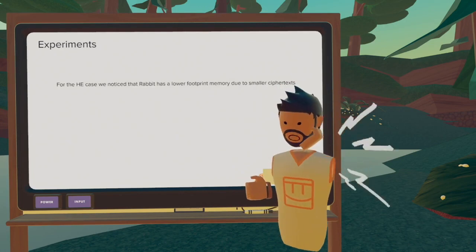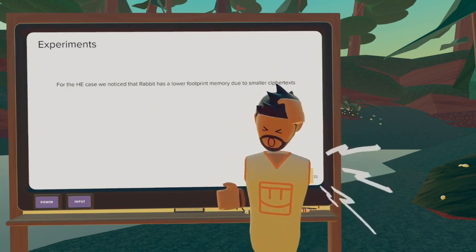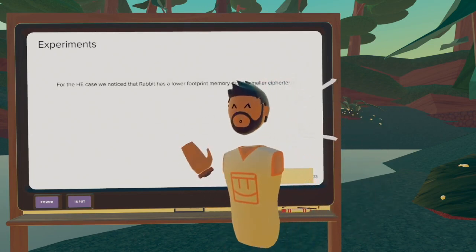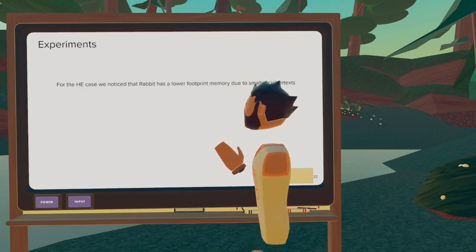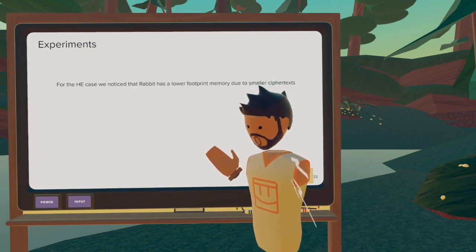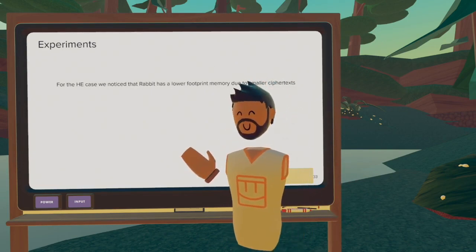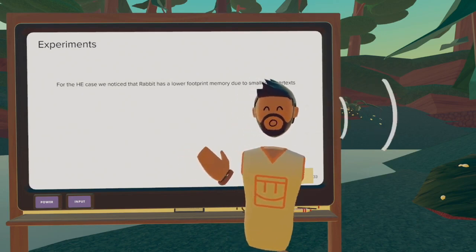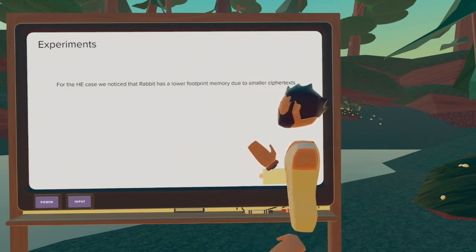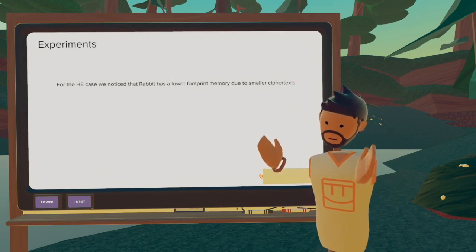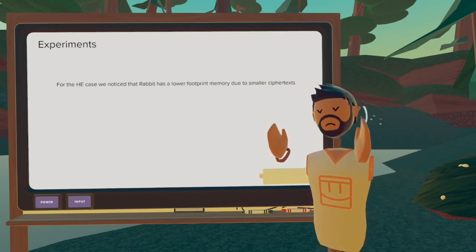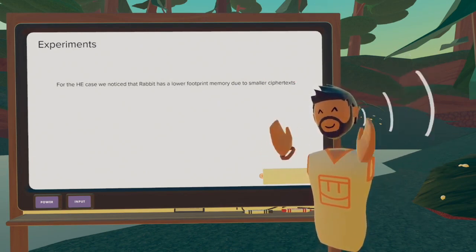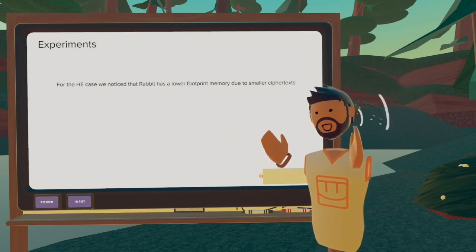But there's also a really interesting thing we discovered during our experiments. For the HE case, we've noticed that Rabbit is kind of friendly in that scenario because for Rabbit, in order to store a number, we need less space because we don't have those extra sec bits.